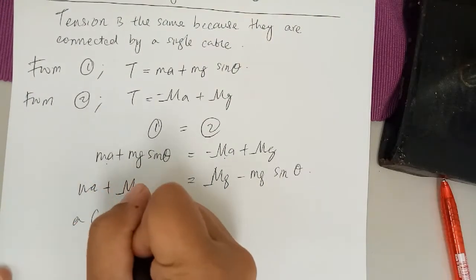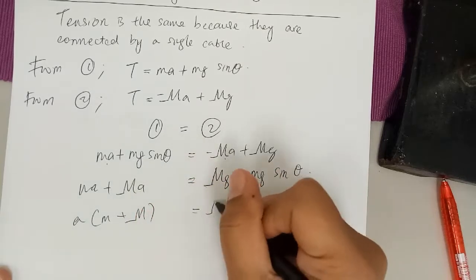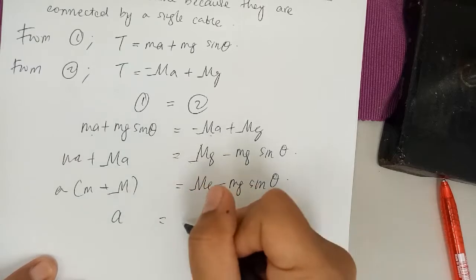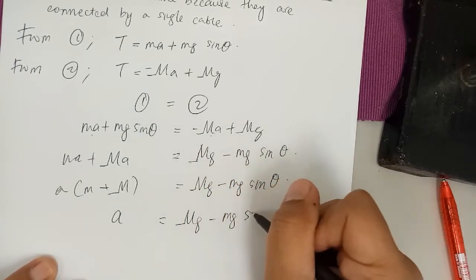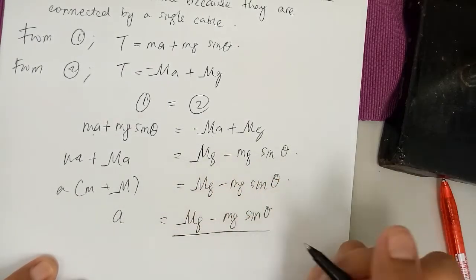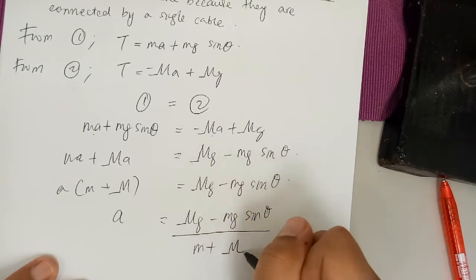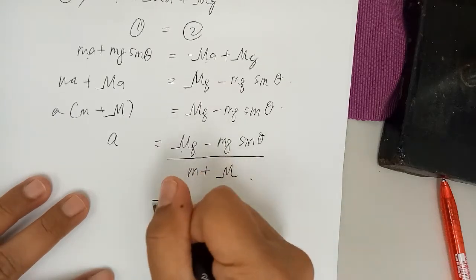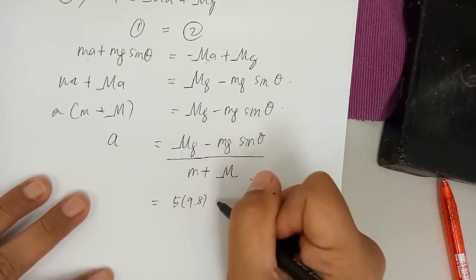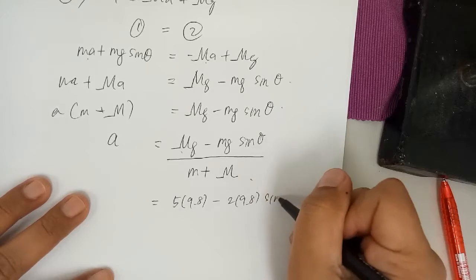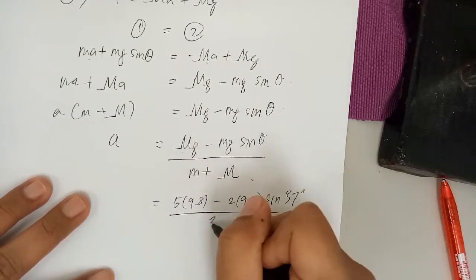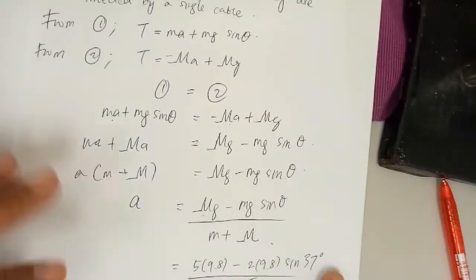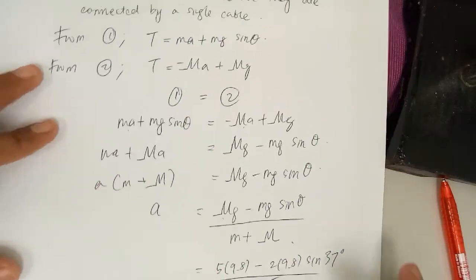Factorize the acceleration: (m plus capital M) a equals Mg minus mg sin theta. So acceleration is (Mg minus mg sin theta) over (m plus capital M). Now you can substitute all the values: 5, 9.8, minus 2, 9.8, sin 37 degrees, over 2 plus 5. Then you can present your answer in meters per second squared. Okay, that's it for question number 3.